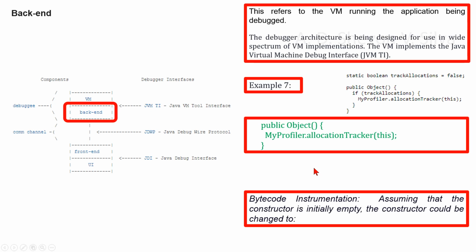Some examples include full speed method enter and exit events. The interface instead provides support for bytecode instrumentation, the ability to alter the Java virtual machine bytecode instructions which comprise the target program. Typically, these alterations are to add events to the bytecode of a method.